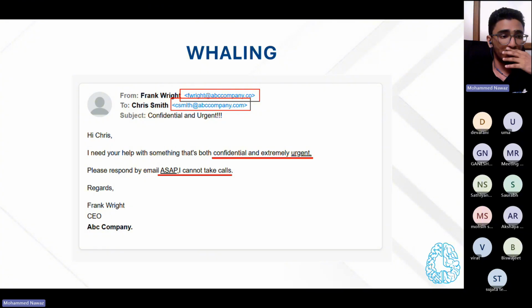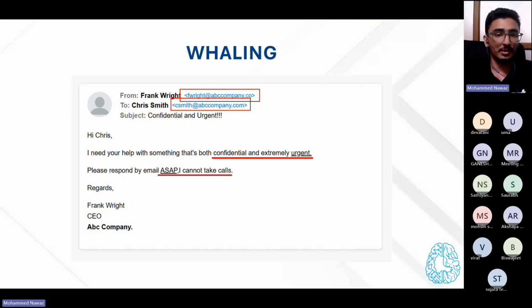Here you can see the red flags, like the urgency. The subject shows confidential and urgent, and the email also tells the person to reply by email, not by call, which is a red flag.